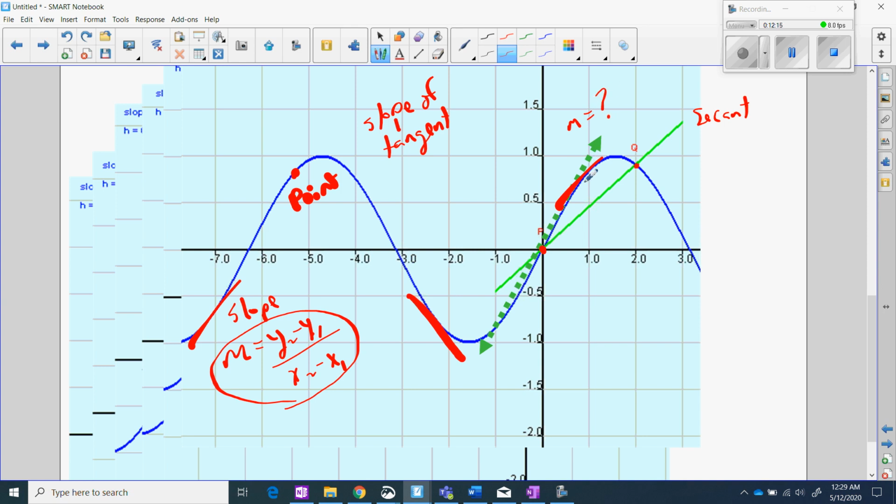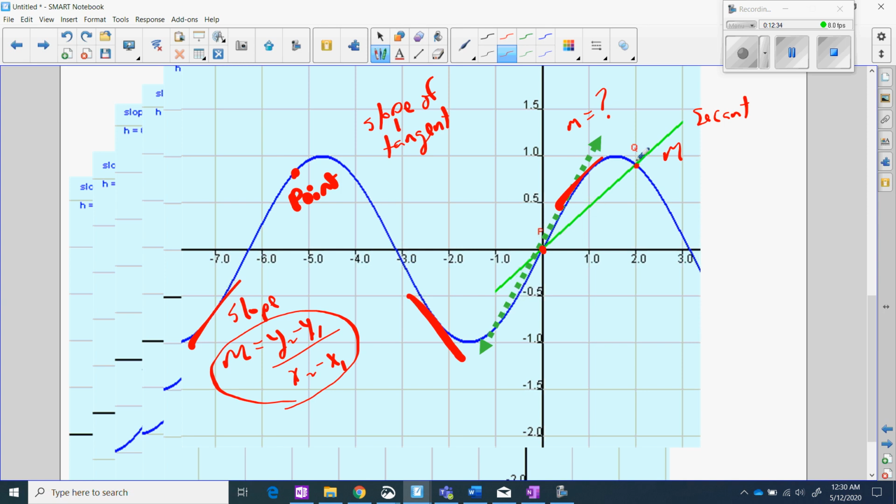Well, here's the theory behind it. The theory behind it is you draw a secant instead. Because a secant, you'd have the point of tangency, so it goes through there, and then you get another point up here, and you find the slope of this line, the secant, and it becomes an estimate for the slope of the tangent.